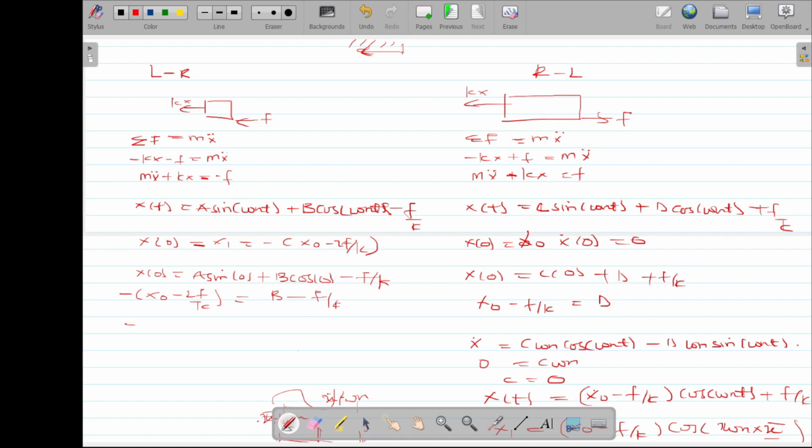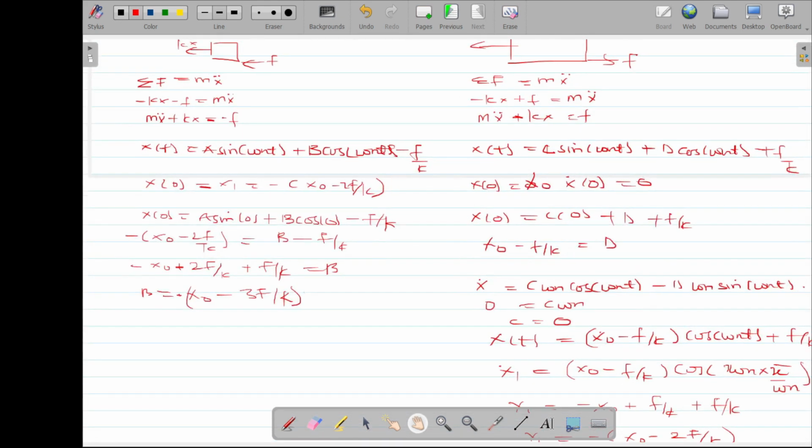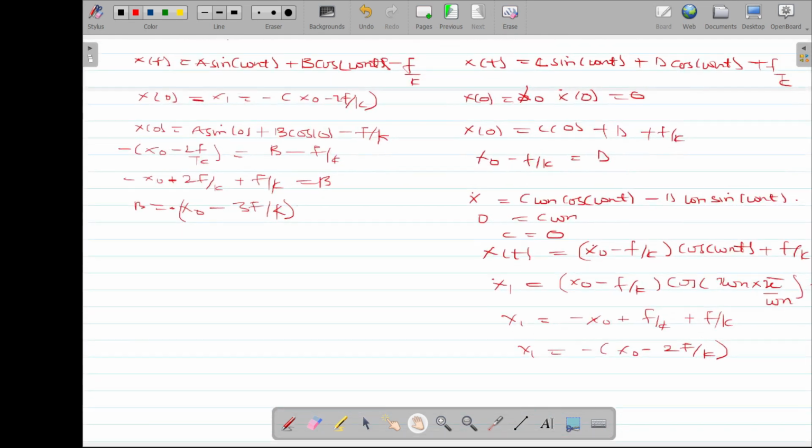So this will be minus x naught plus 2f on k plus f on k equals b. And that means b is equal to minus into bracket x naught minus 3f on k. So if you find the velocity and find the constant, that will also be 0.